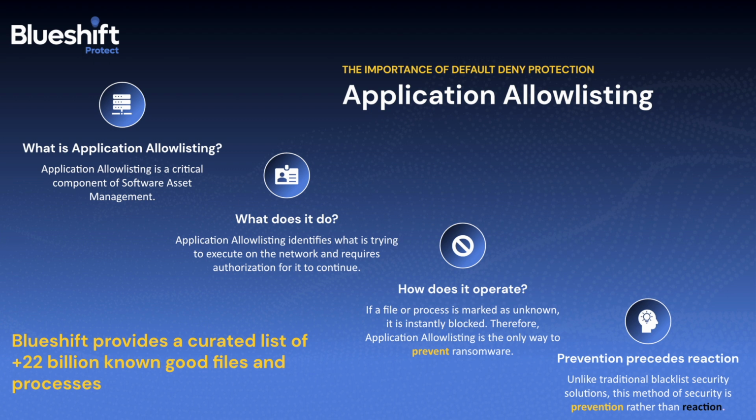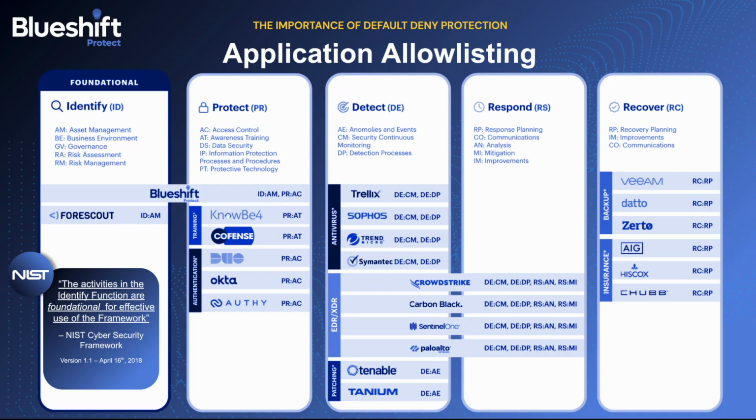We can figure out how it got there, all those sorts of things, but it's not allowed to run in the environment. So you don't have to have that instant response or the cleanup. We can remove it and move on with our day. So it's a better paradigm when it comes to managing what's allowed to run in the environment. That's an important thing when it comes to that kind of default deny protection.